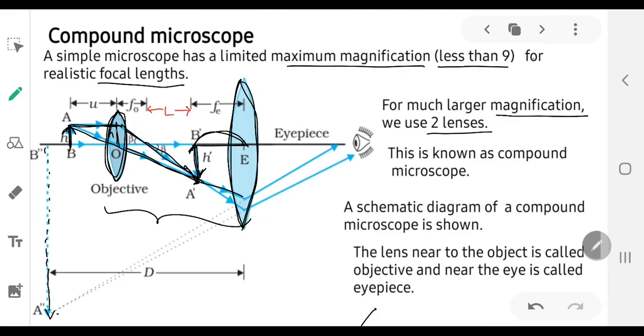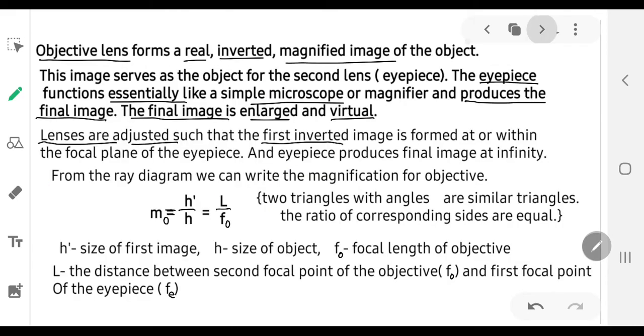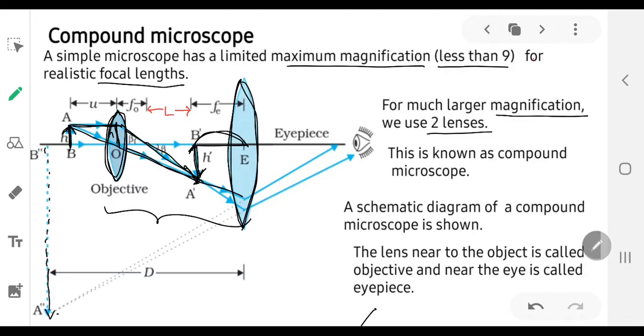So from this diagram we can see the magnification is H dash by H, which is equal to L by F naught. L is nothing but the distance between the focal points of the two lenses. F naught is the focal length of the objective, FE is the focal length of the eyepiece.